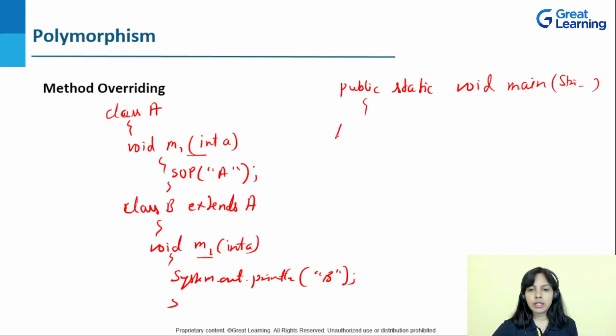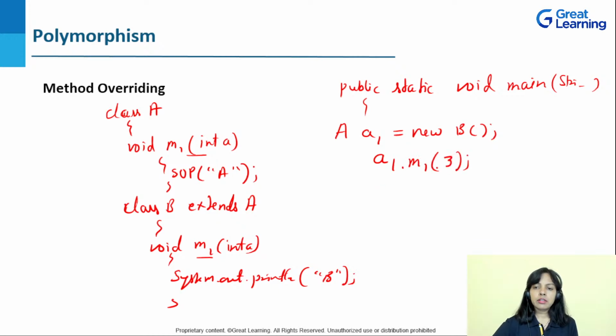But the point here is to understand, if I've created an object of A1, that is A class, and new B class constructor, and if I call A1 dot M1, pass here 3, the point here is which method will be called.